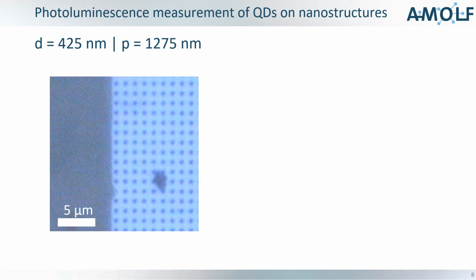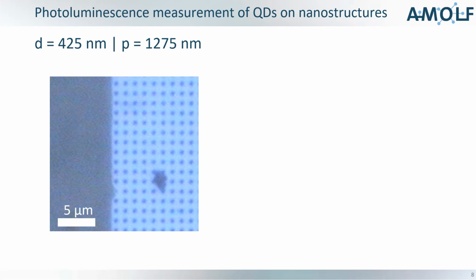It's 1275 nanometers, and this is to ensure that we don't get surface lattice resonances in the array, because we want to use the individual Mie particle modes to make sure that the emission is going downwards.